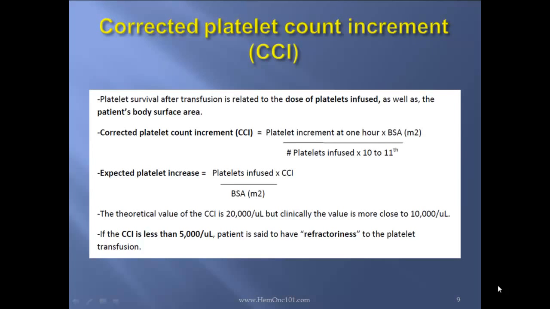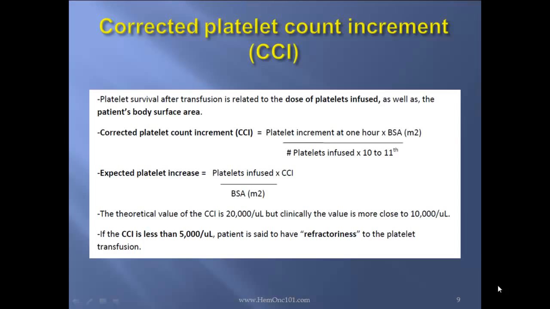The corrected platelet count increment, the CCI. Platelet survival after transfusion is related to the dose of platelets infused as well as the patient's body surface area. The CCI equals the platelet increment at 1 hour post-transfusion times the body surface area, divided by the number of platelets infused times 10 to the 11th.